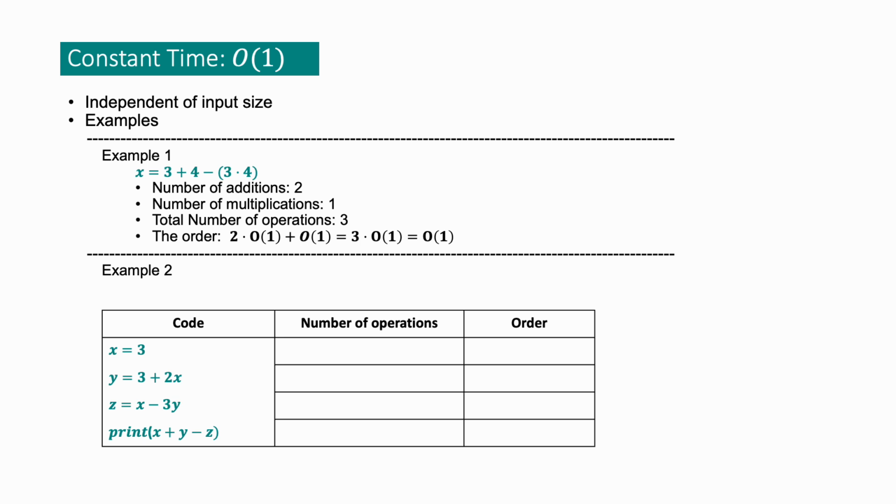Why O of 1? Because one operation is O of 1. In total you have 2 plus 1, so that's 3 times O of 1. Since we ignore the constants, generally this is O of 1, that is constant time.